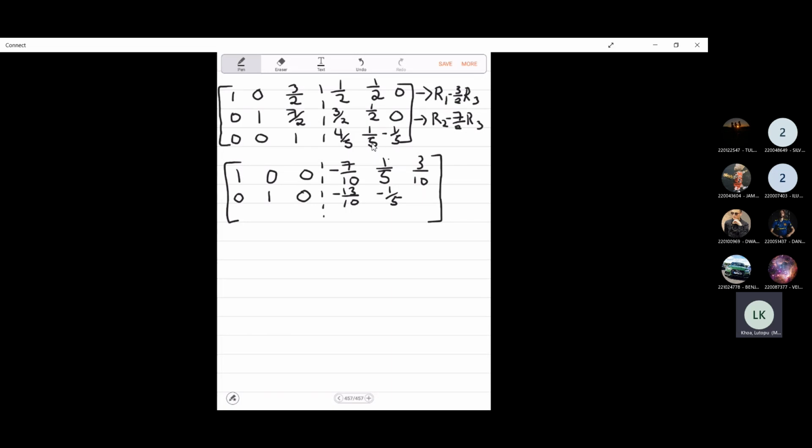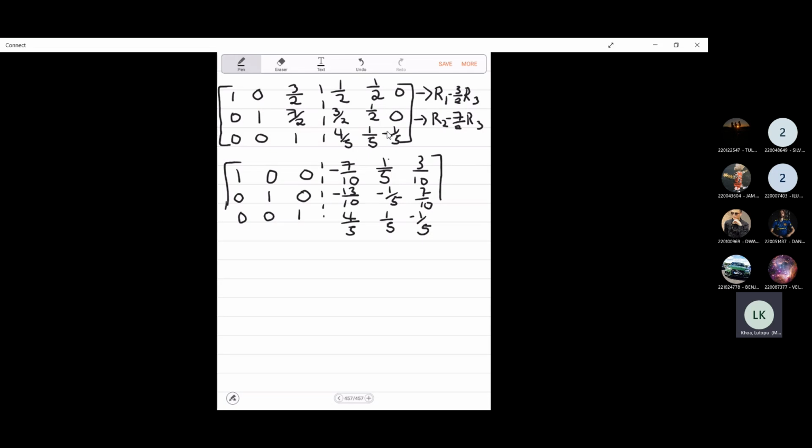This is 7/10. Okay, and then the last row, we haven't done anything to it, so it remains the same. So this is 0, 0, 1. Then I have 4/5, 1/5, and then minus 1/5 here. Okay.